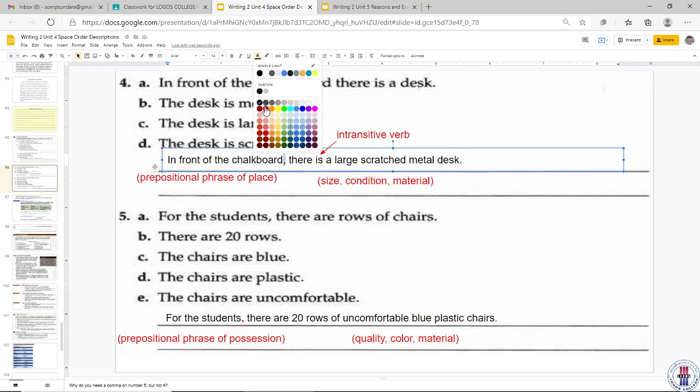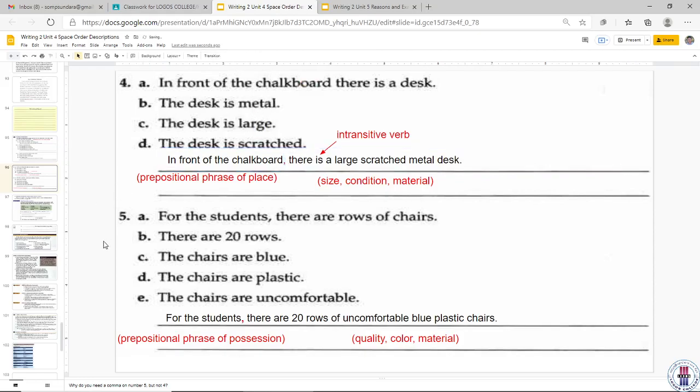Let me mark that. And again with number 5, for the students, there are rows of chairs. For the students is a prepositional phrase of possession. And then there are, you don't want to say chairs again. There are 20 rows of uncomfortable blue plastic chairs. Quality, color, then material.